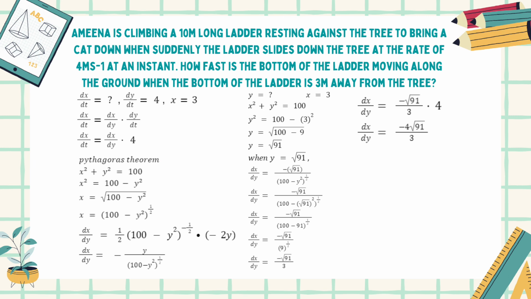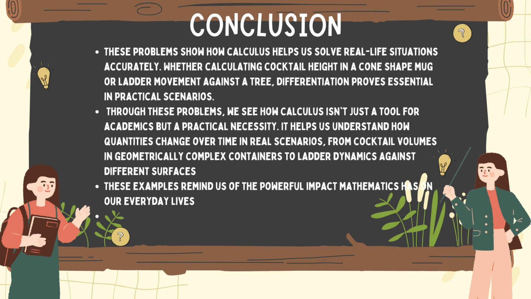Then after we get the value of y, we substitute it into dx over dy. After that, we calculate to get the answer, which is dx over dy equals negative 4 square root 91 over 3.